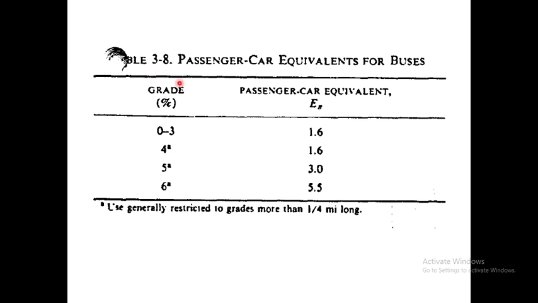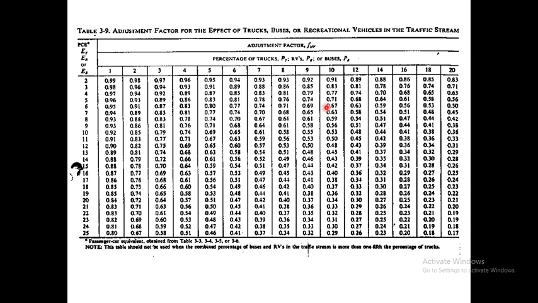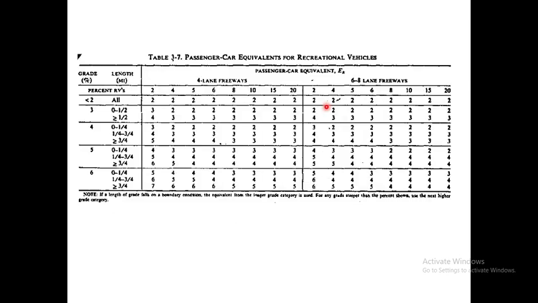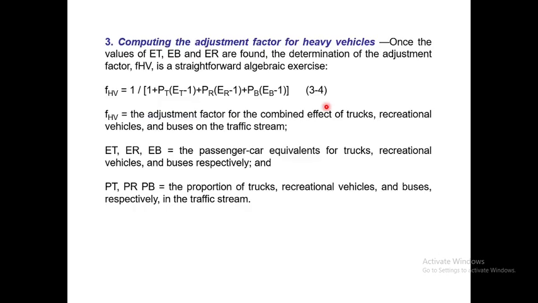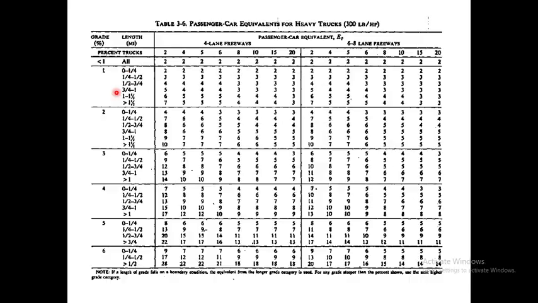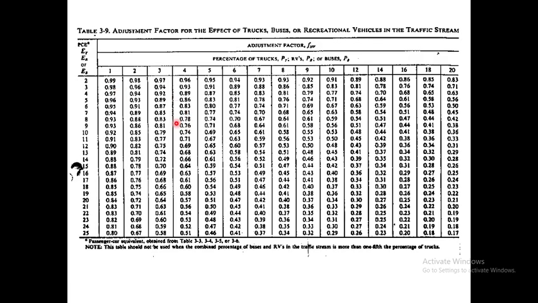According to the grade, you can easily find the EB for the bus. Okay, this table is exactly the same as this equation. You can use either this one or this table, no difference, they are the same.